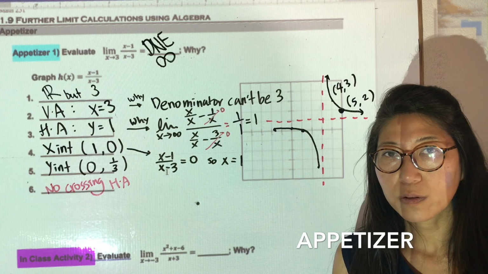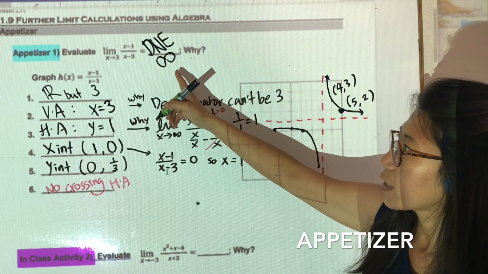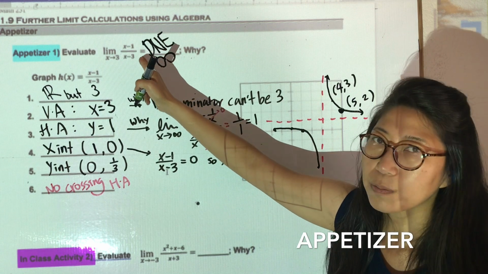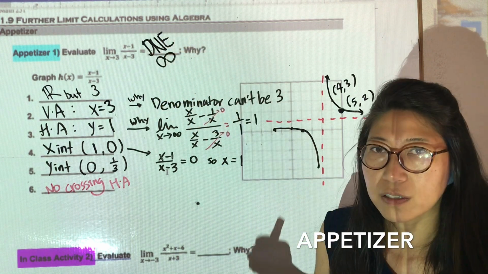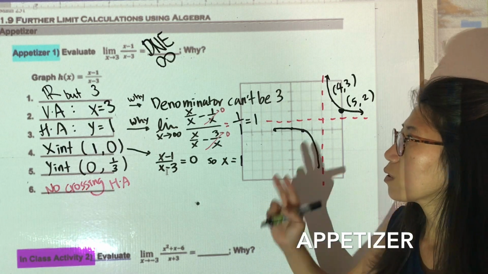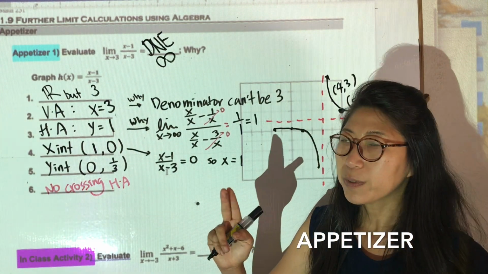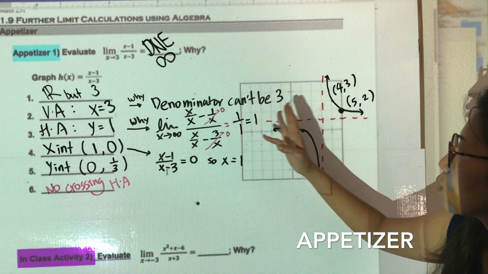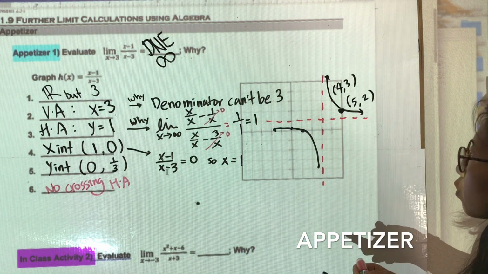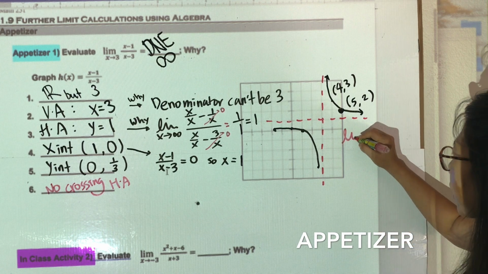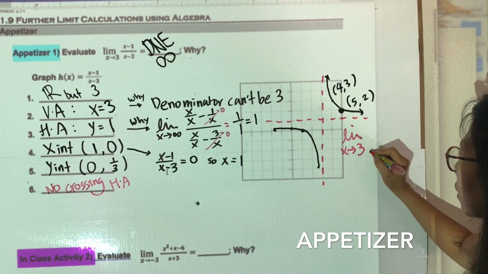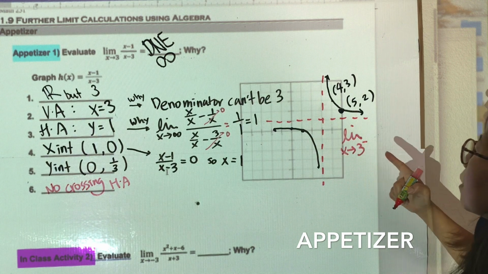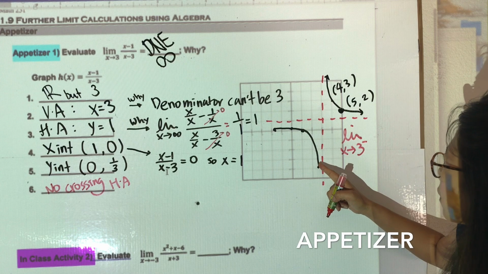Actually, yes, that is a correct answer. But as I mentioned, in calculus, if your limit goes to infinity, we keep saying that it does not exist. So just remember, a limit going to infinity means the answer is does not exist. In this case, when you look at the graph, you can see that from the left-hand side of 3, the limit goes to negative infinity.